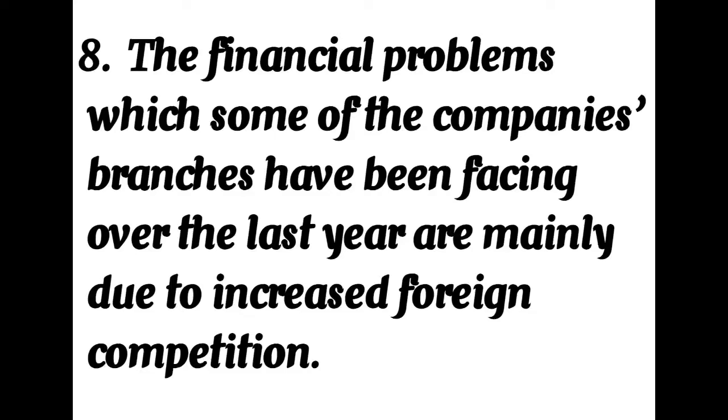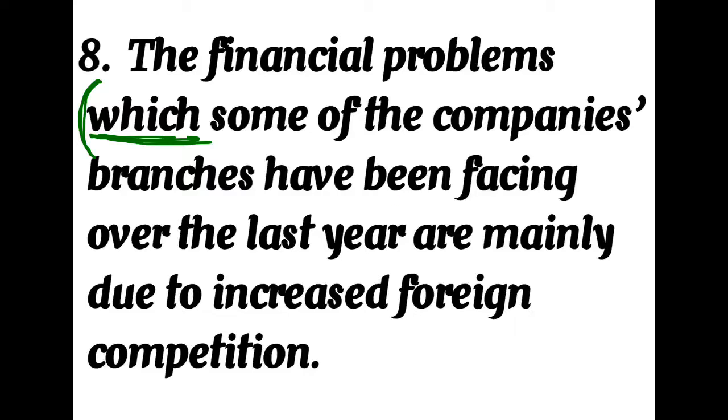The financial problems here, which, again put a bracket here, who, which and that. We have recognized the culprit, we have recognized the curtain that is going to be put before our eyes by this word, which some of the company's branches have been facing. This is the first verb that we are crossing, have been facing. Over the last years, are mainly.